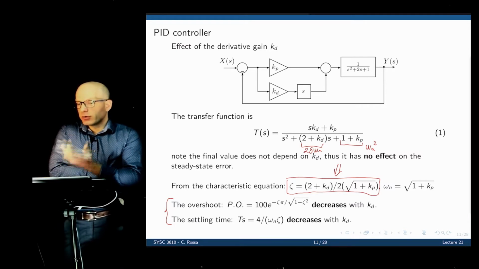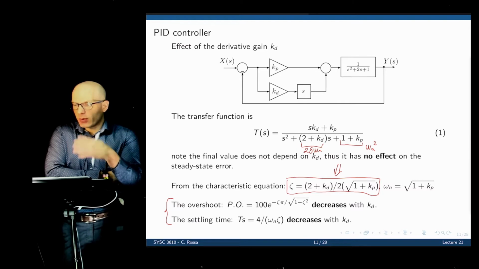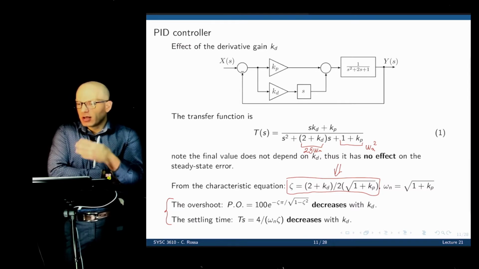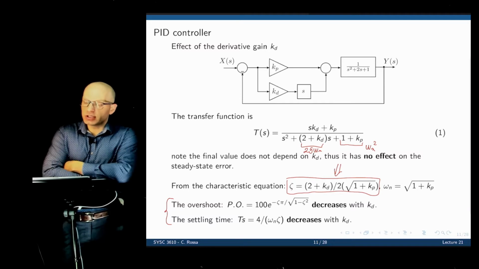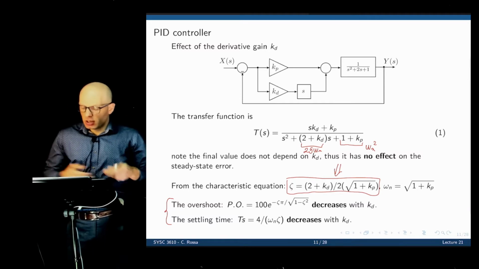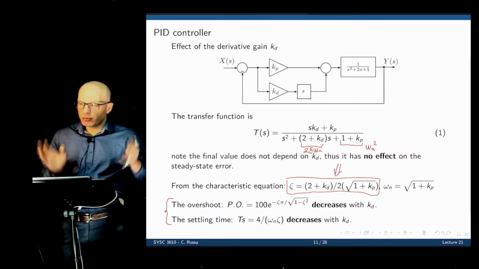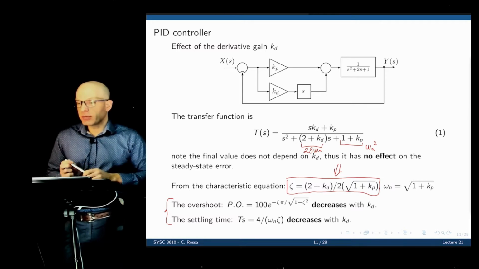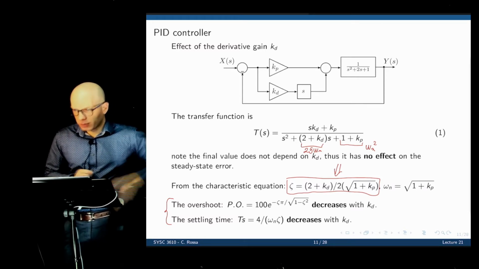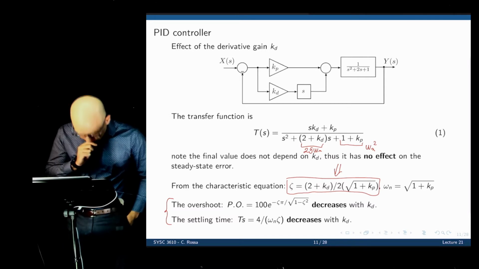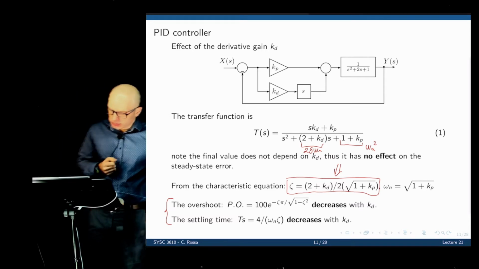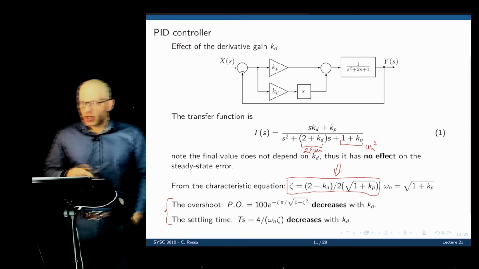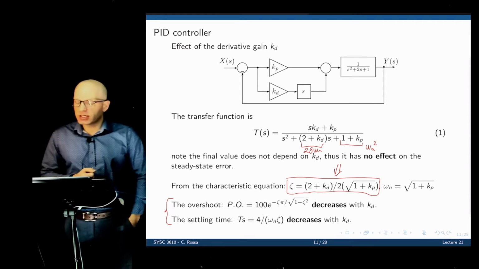If we add a derivative controller to it, we are just taking away control action from it. We're giving less energy, so it may take longer. But if the system is underdamped and it has oscillations, the derivative controller will help eliminate those oscillations and make the system reach a steady state faster.